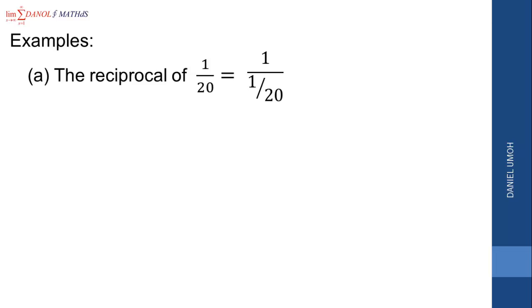So the reciprocal of 1 over 20 means 1 divided by 1 over 20. When you invert this, what do you have? 20 over 1. Then 20 over 1 is equal to 20. So you can now see that the reciprocal of 1 over 20 is equal to 20.